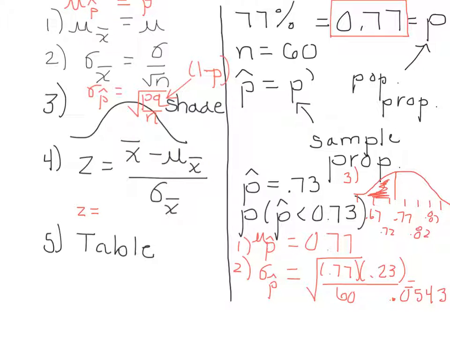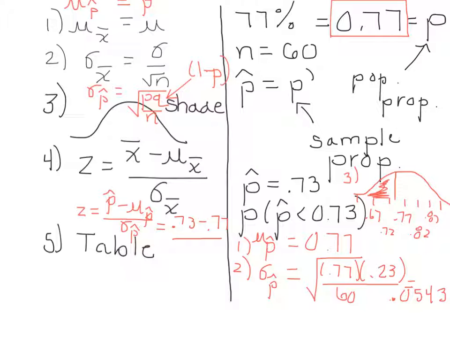Like we did with means, we're going to take our sample value, in this case our sample proportion, p hat, minus the mean of our sampling distribution, which we've learned here is mu of p hat, and divide by the standard error of our sampling distribution for sample proportions, which we've learned here is sigma sub p hat. So our p hat was 0.73. The mean of all p hats we determined was equal to the population proportion of 0.77.